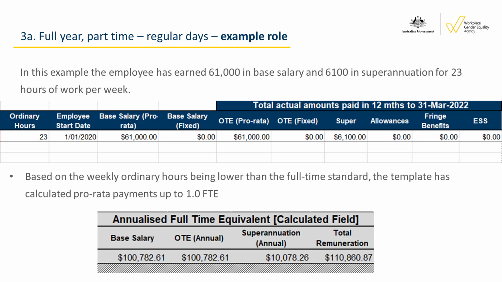In this example, the employee has earned $61,000 in base salary and $6,100 in superannuation for 23 hours of work per week. Based on the weekly ordinary hours figure being lower than the full-time standard provided, the template has calculated pro rata payments to the full-time equivalent.